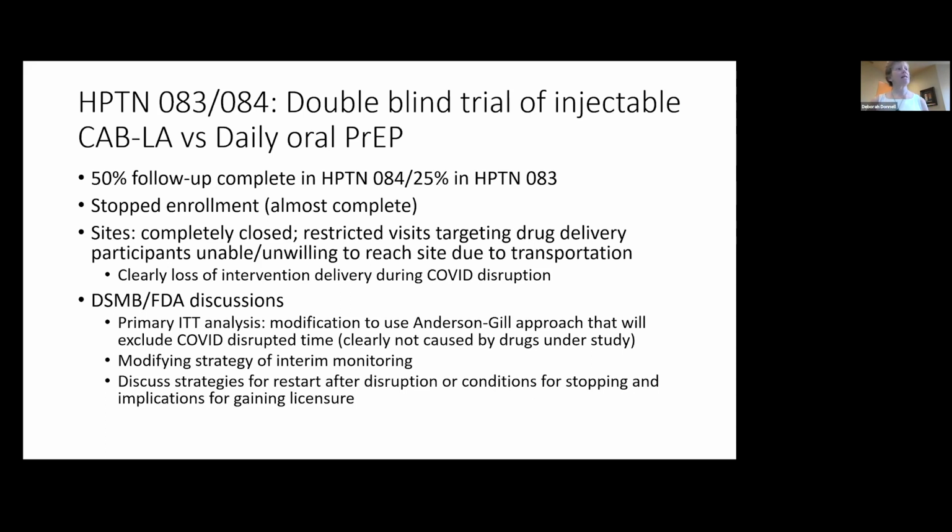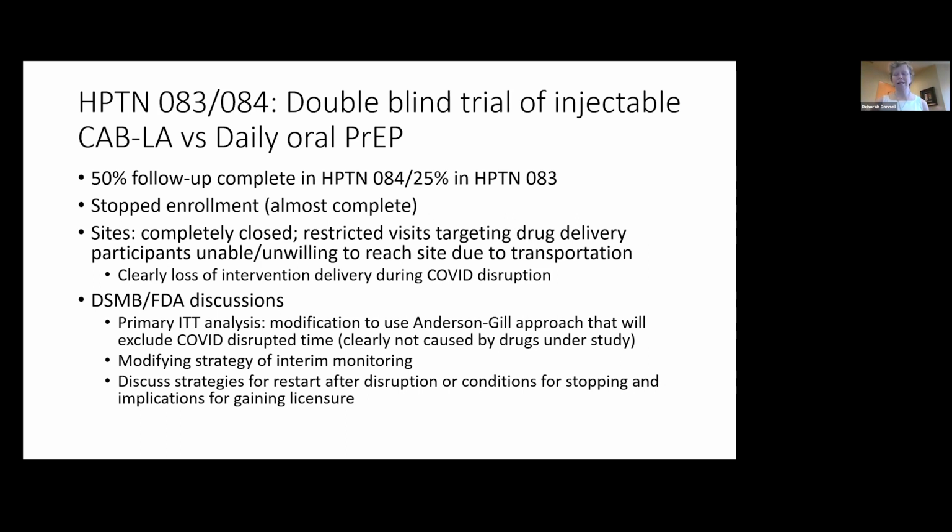And then the third big topic of discussion is strategies for restarting after this disruption, or conditions for stopping if the disruption goes on, because we don't know how long this disruption will continue, how bad the loss to follow-up might be, or how differential it might be in terms of the risk characteristics of the people we enrolled, and what the implications of that might be for gaining licensure when the trial is actually over.